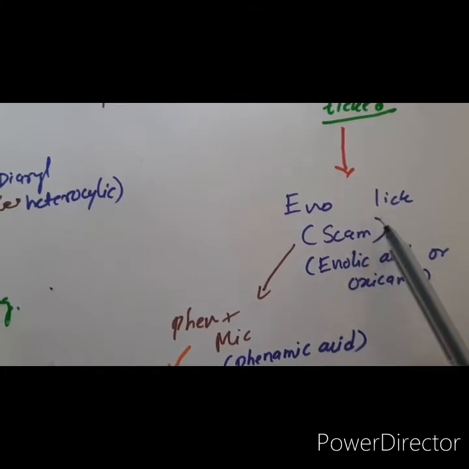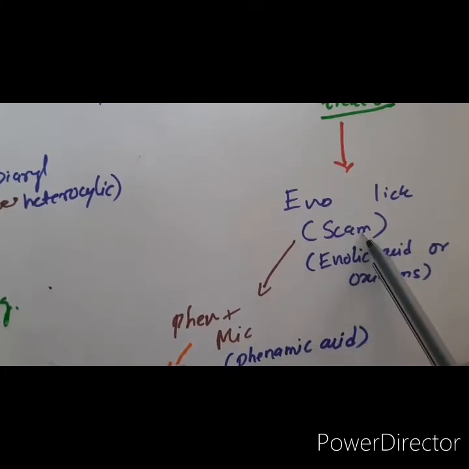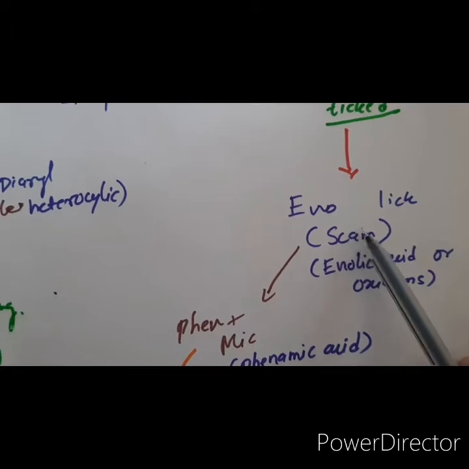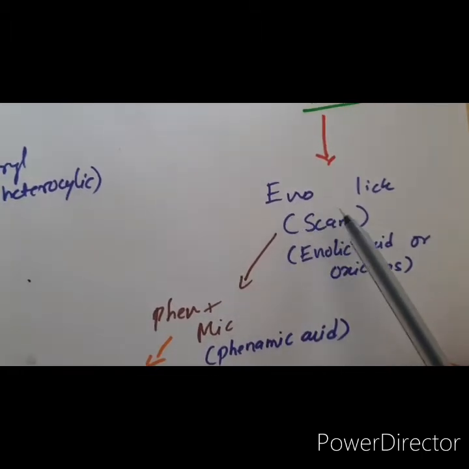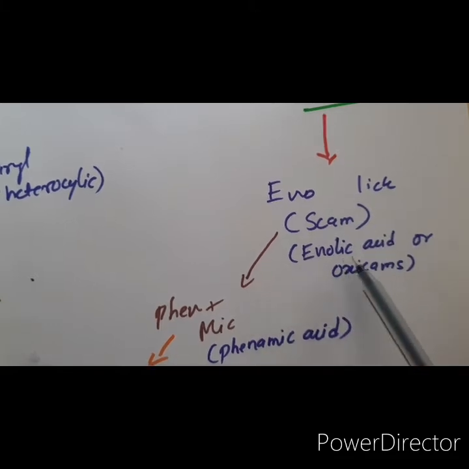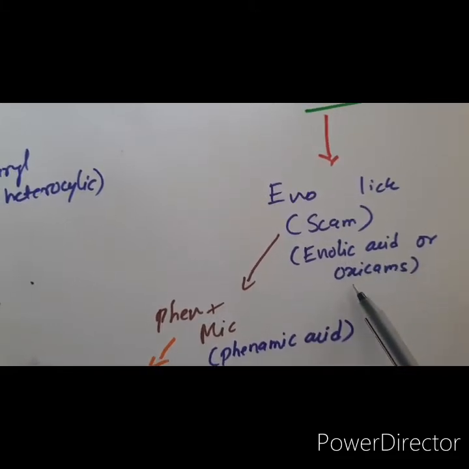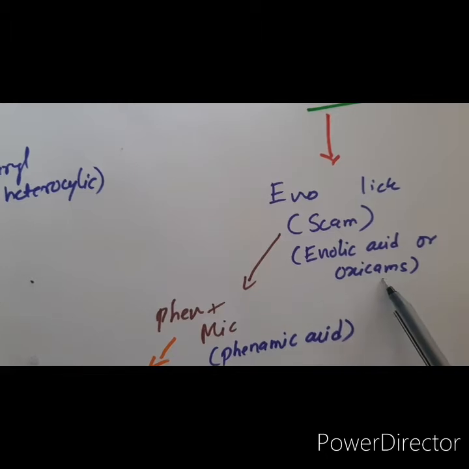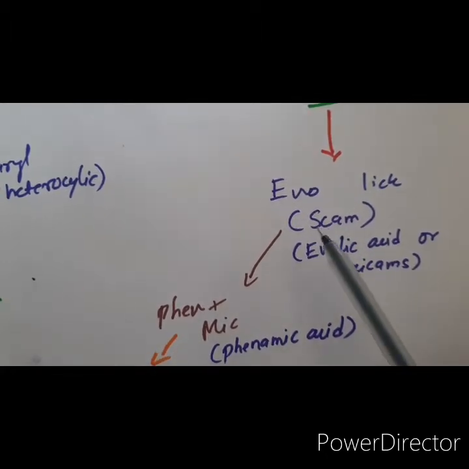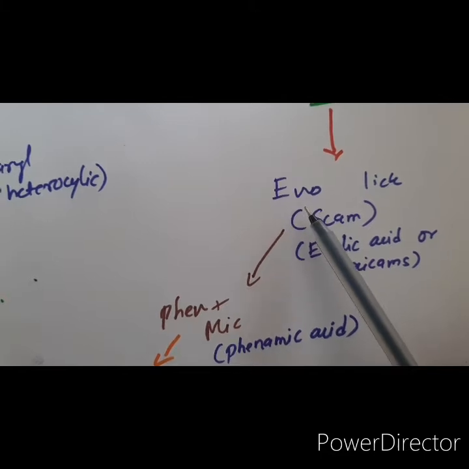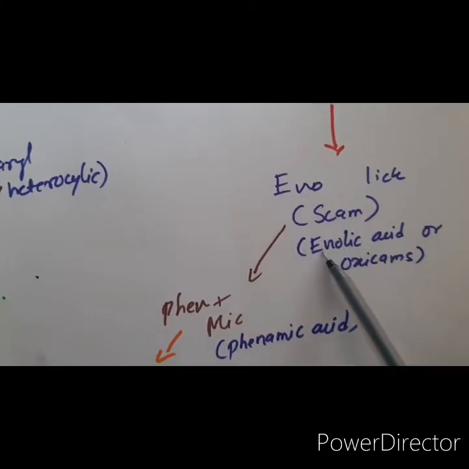Actually he was doing some scam, meaning to win that game he was doing something. So now you see enolic acid derivatives, which are also known as oxicams. So he was doing a scam, meaning oxicam. Actually he was licking, meaning enolic acid.